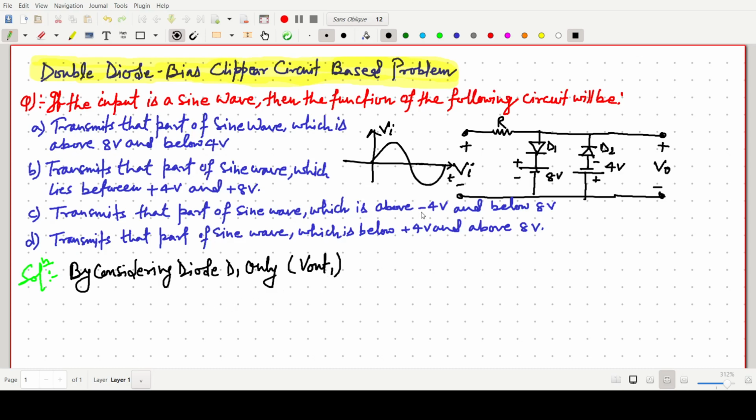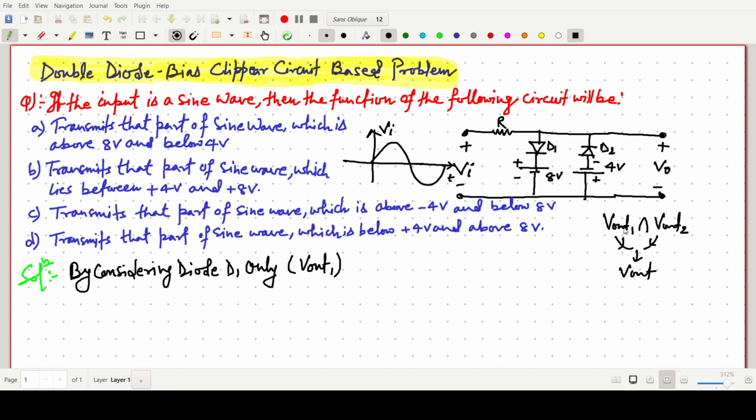In the next case we consider only diode D2 and find V output 2. Then we take the intersection of V output 1 and V output 2. What is common in these two will be the final output.